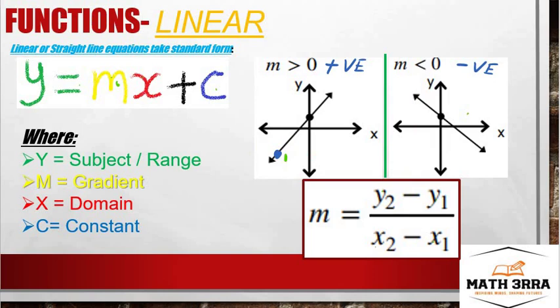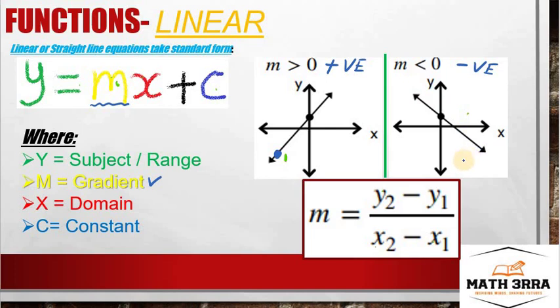Amongst others, we ought to remember the standard form of a linear function, y is equal to mx plus c, and that this m represents the gradient, which is the determining factor for the shape of our graph. If this gradient is positive, our graph should be increasing from left to right. If this gradient is negative, our graph should be decreasing from left to right.